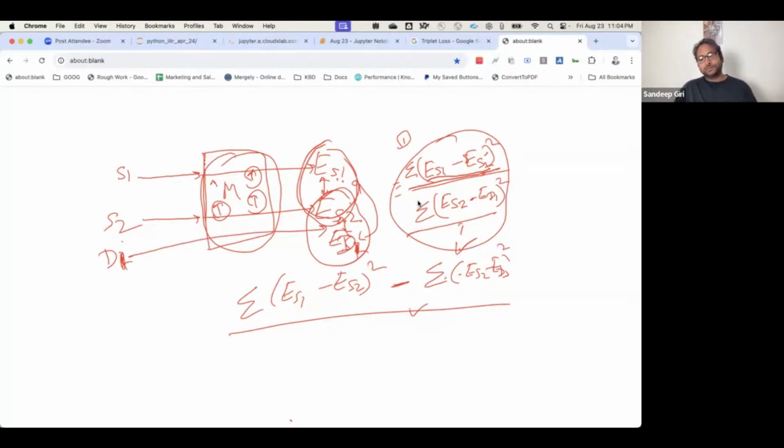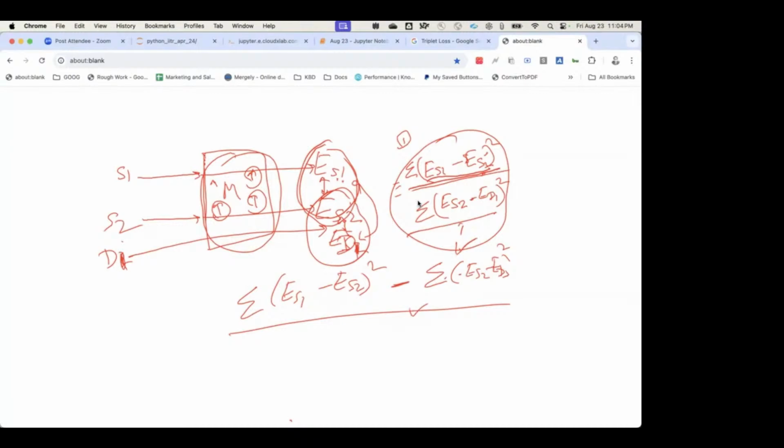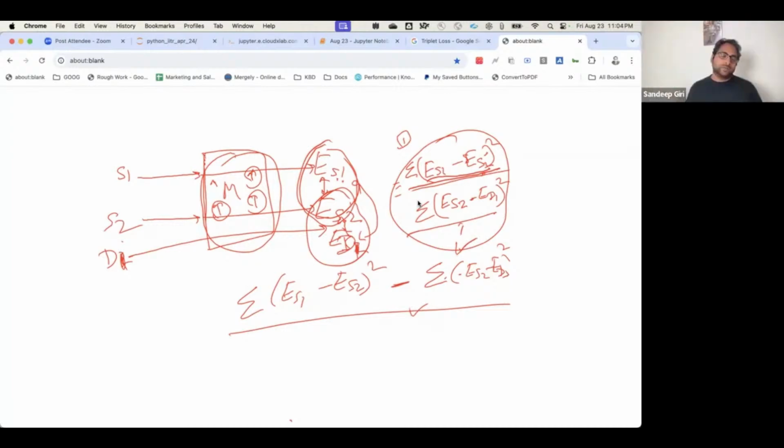Got it? Yeah. So in the denominator, you take E S2. It could be E S1 as well. Good point. Or you could come up with another way, where in the denominator we have two terms, (E S1 minus E D1) whole square plus (E S2 minus E D1) whole square, and a summation.